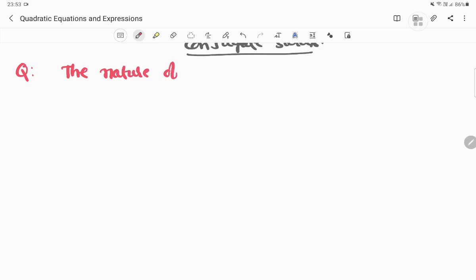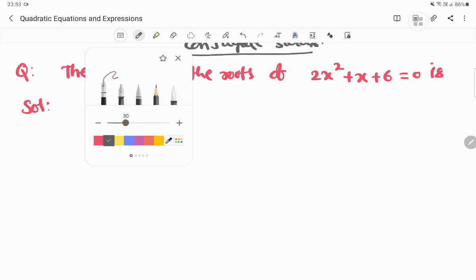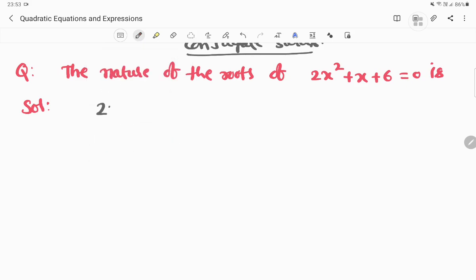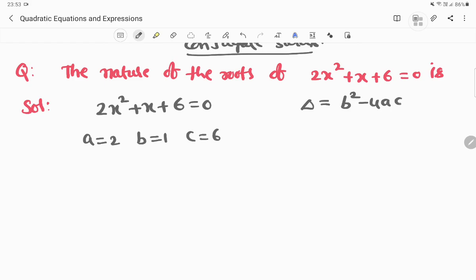The nature of the roots of 2x² + x + 6 = 0 is... So here also we will discuss how to do it. First, write the given quadratic equation, 2x² + x + 6 = 0, with a = 2, b = 1, and c = 6, and calculate the value of delta, b² − 4ac.